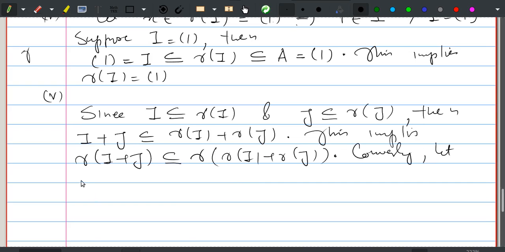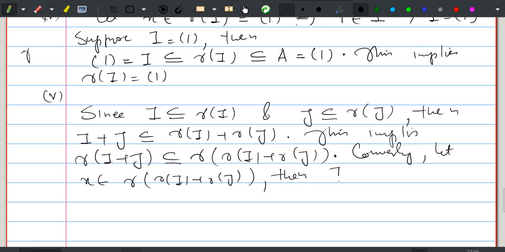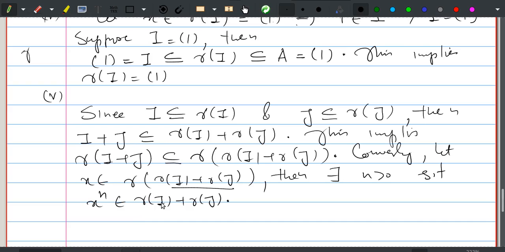let x be an element of radical of I plus radical of J. That means then there exists some positive integer n such that x to the power n is an element of this ideal, radical of I plus radical of J. Now if this is the case, there is some element in radical of I and some element of radical of J such that x to the power n is the sum of those two elements.